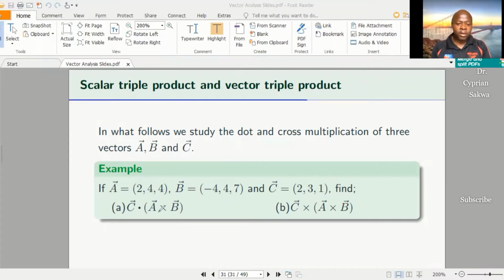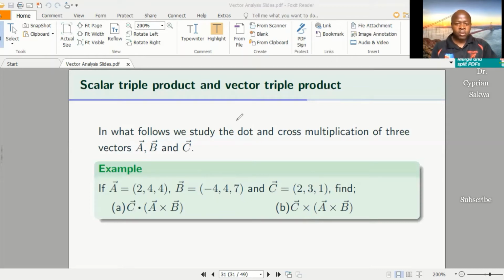This is what we're calling the scalar triple product. And this, where you have the cross, is what we call the vector triple product. Those are the two things we want to see how to obtain in today's video.